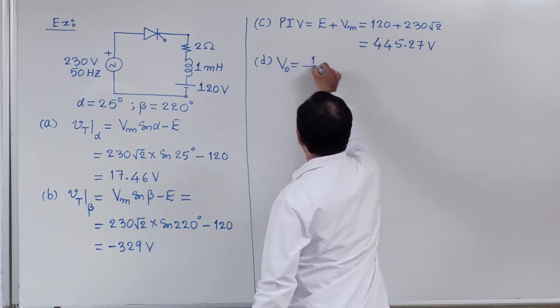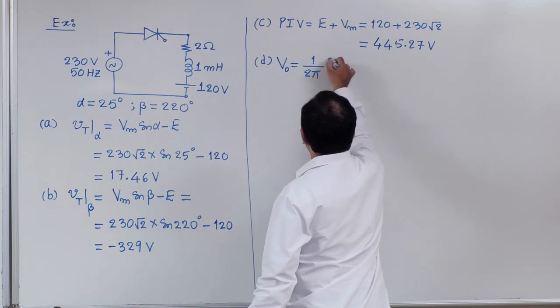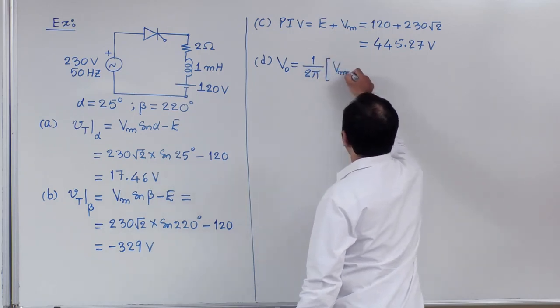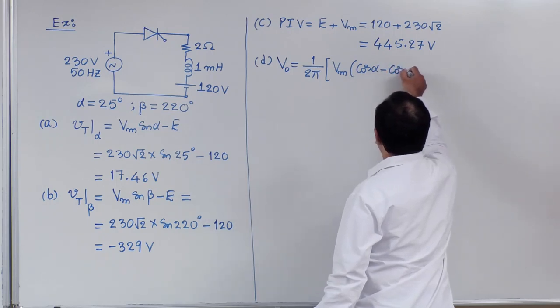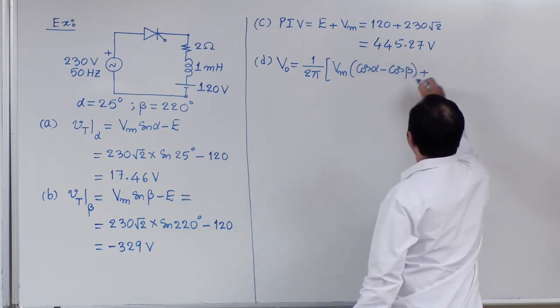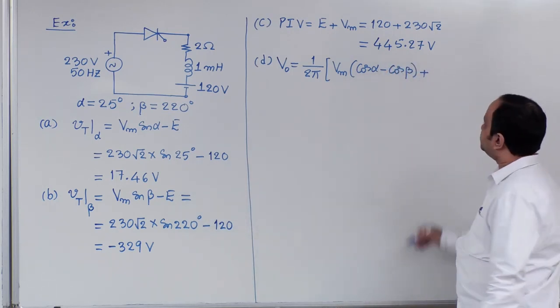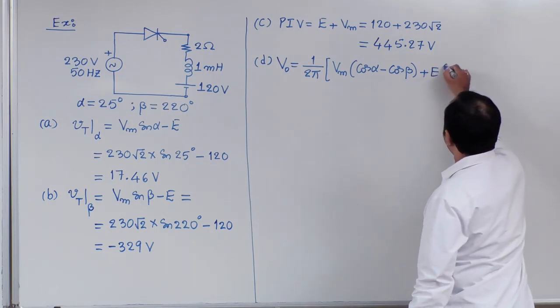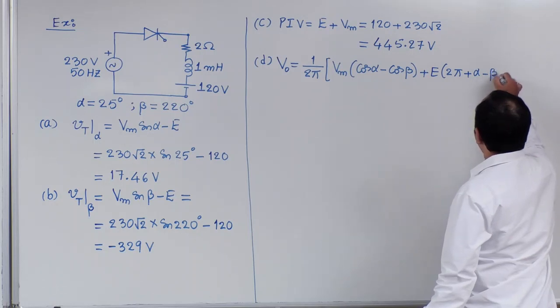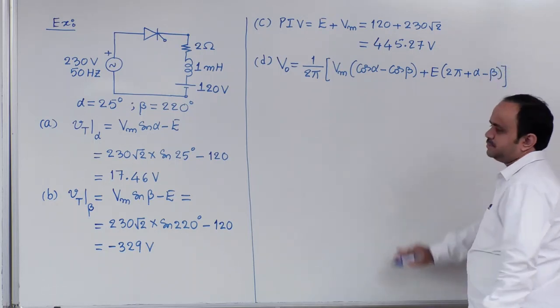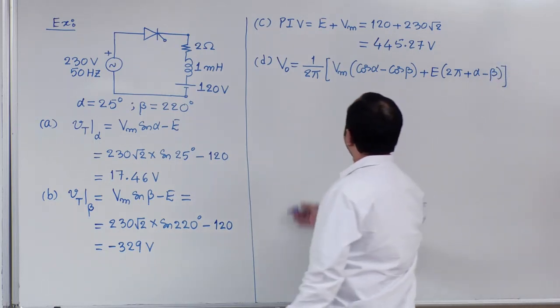Okay, next, fourth question, that is average output voltage V naught. What is the expression? 1 by 2 pi, open bracket, Vm multiplied with cos alpha minus cos beta, plus E into 2 pi plus alpha minus beta, close the bracket.